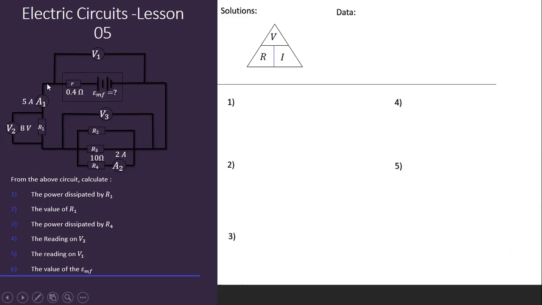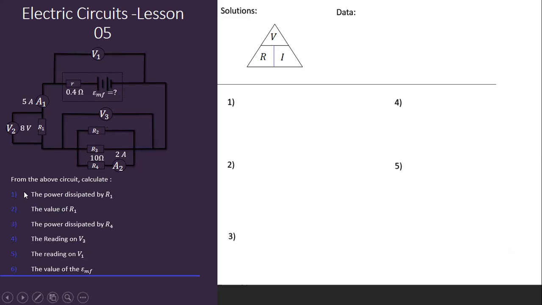It moves in that direction, passes through resistor R1, and when it gets to this point, the same current of 5 amps will be split into 3 currents. Every time the current splits, we say that it's a parallel combination. So that's why we say these resistors are connected in parallel.